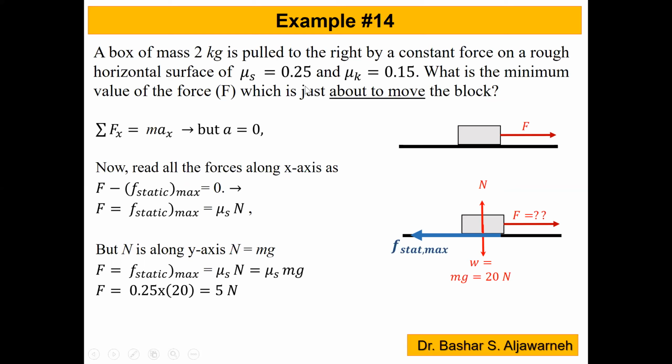What is the minimum value of the force which is just about to move? Okay, let us take it step by step. These are my forces, my force and the object, all translated into x and y axis.